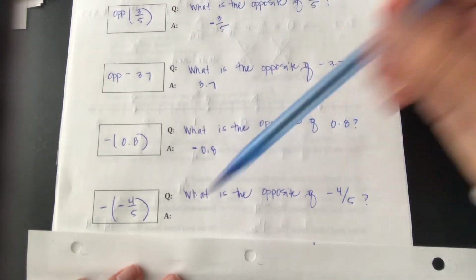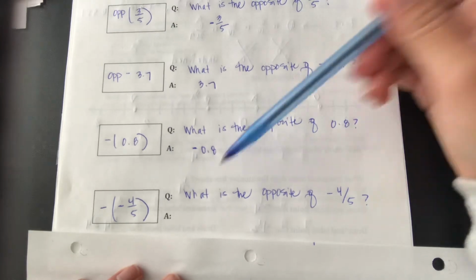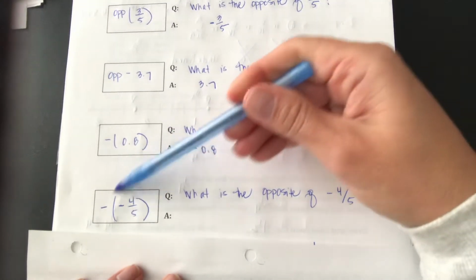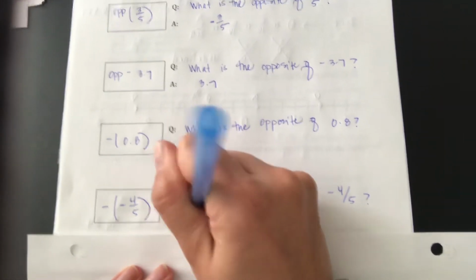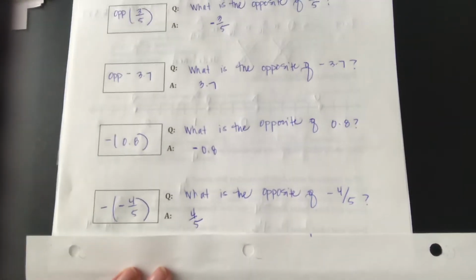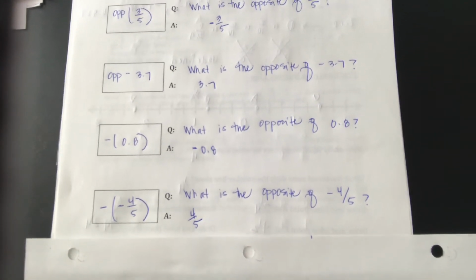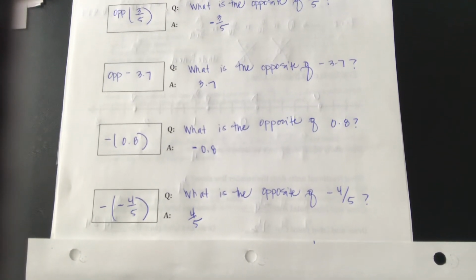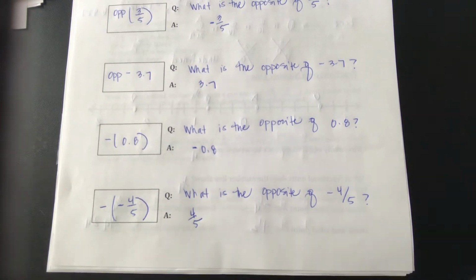So I want to write that down. We can't forget that these on the outside mean opposite, okay? What is the opposite of a negative 4/5? Well, instead of a negative, if we flip that to an opposite, it would be a positive, okay? That is how you do the opposite of a rational number, much like an integer. You just switch the sign, okay?